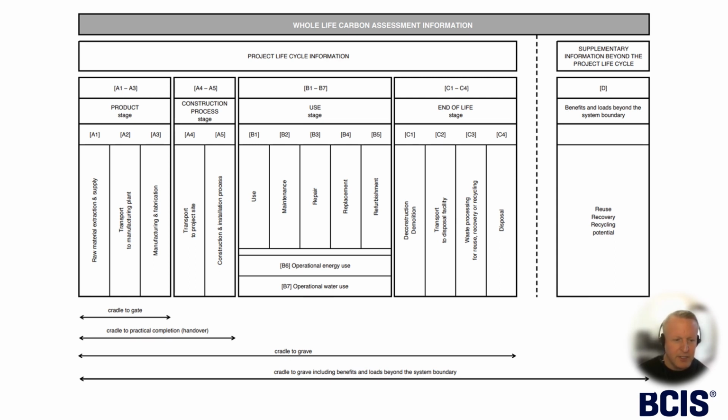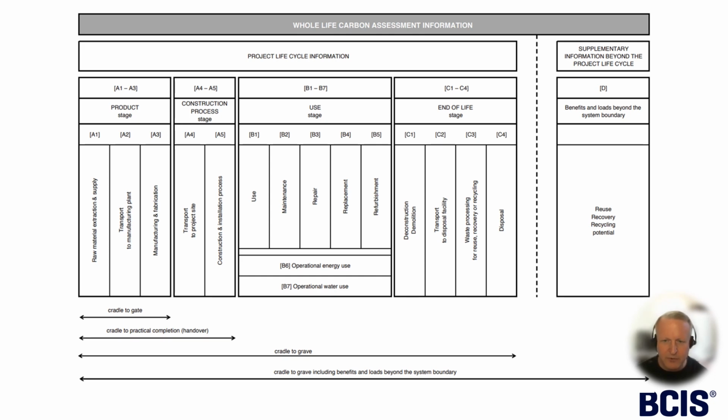And you'll see those terminologies that we were talking about in the earlier slides. So we've got the product emissions, cradle to gate, the product and the construction process, which is the cradle to practical completion. And then you've got the cradle to grave, which is all of the ongoing operational and end of life activities.